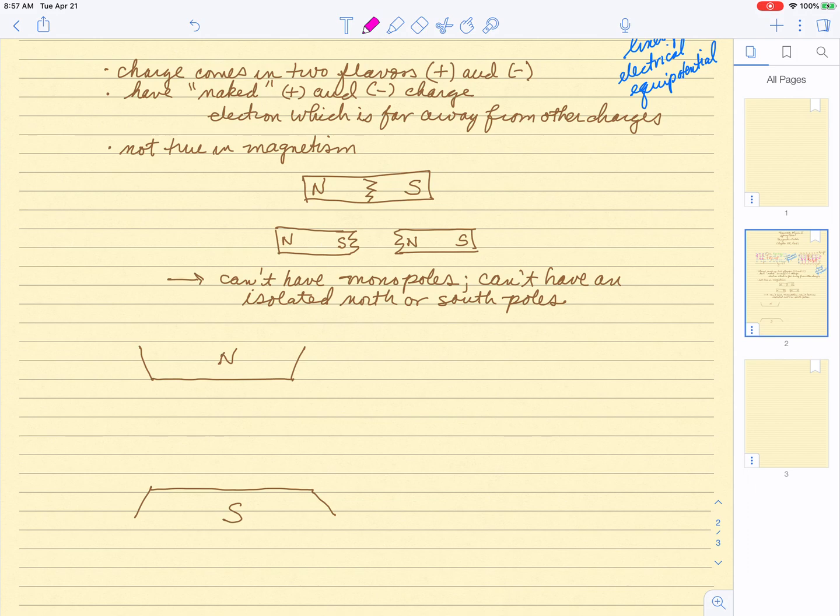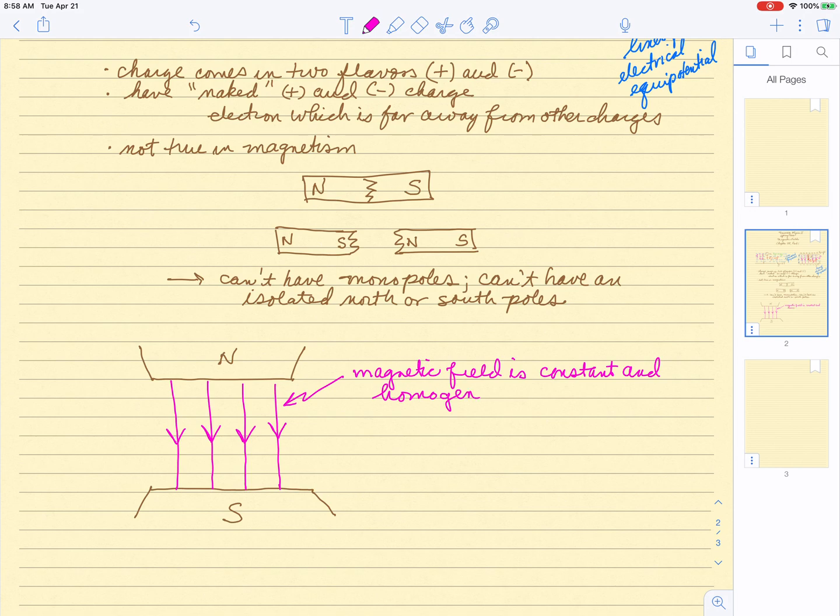By convention, magnetic fields are going to start or emanate from north poles and will end or terminate on south poles. And if these poles are large enough in extent, then we're going to assume that the magnetic field is constant and homogeneous between the poles.